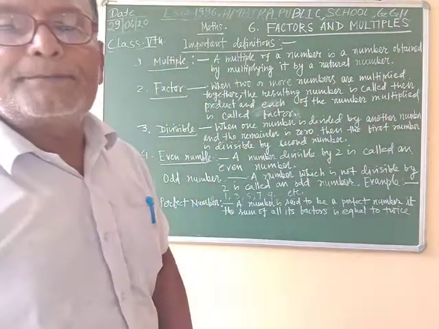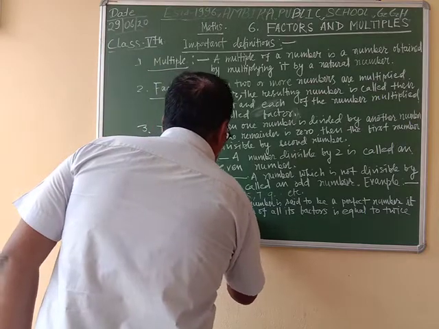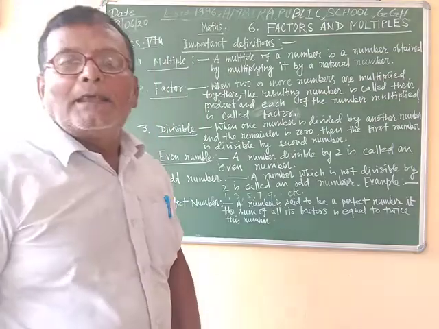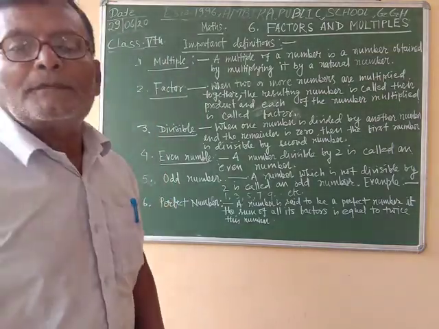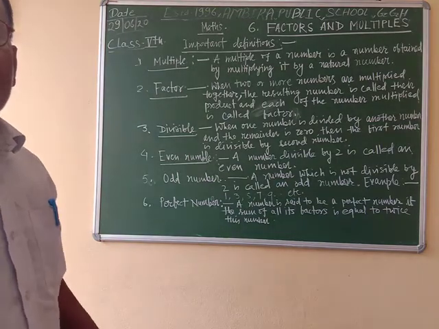For example, factors of 6 are 1, 2, 3, 6.